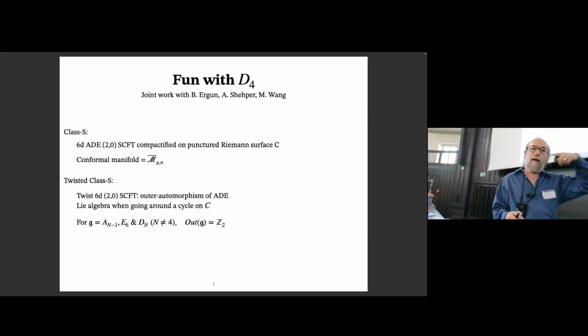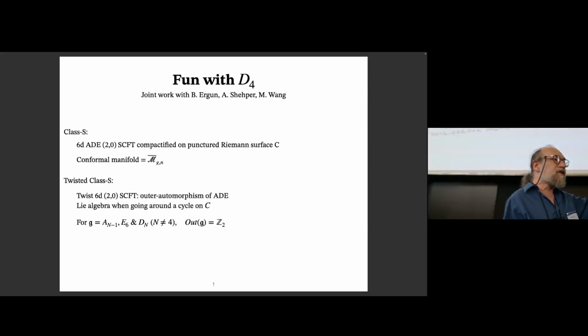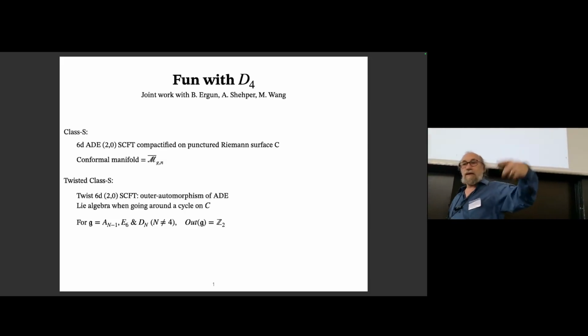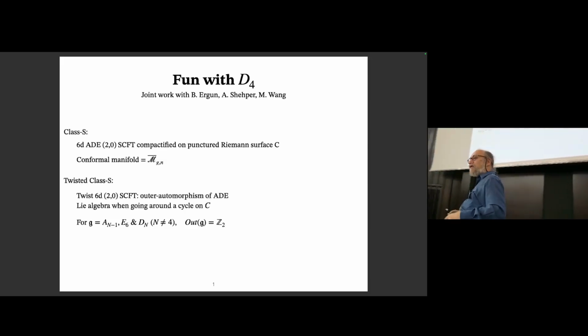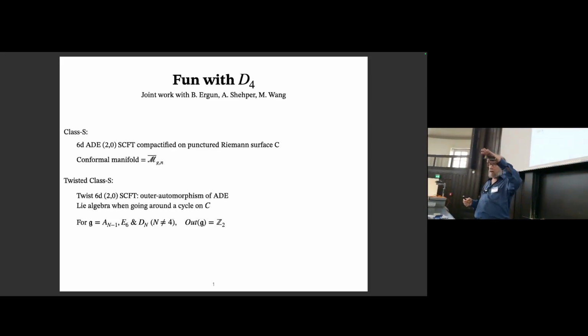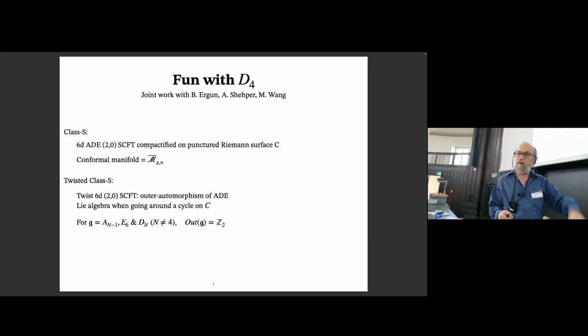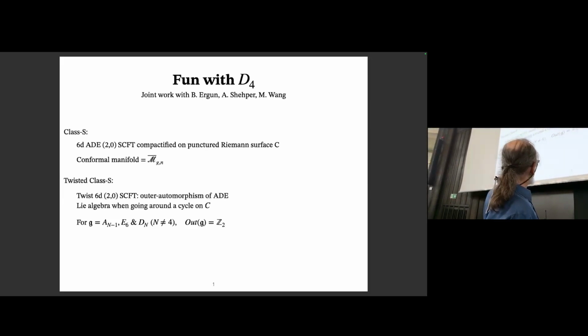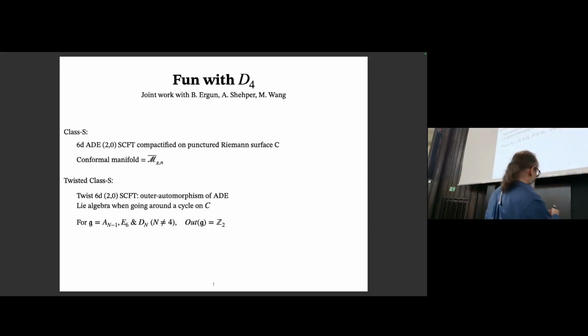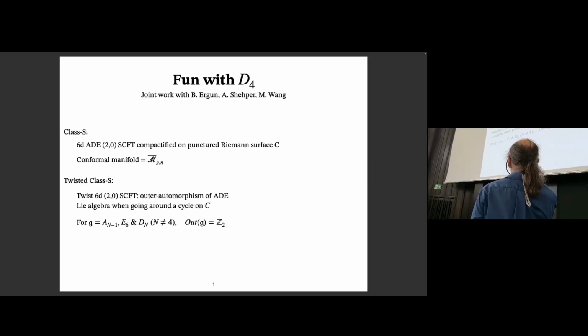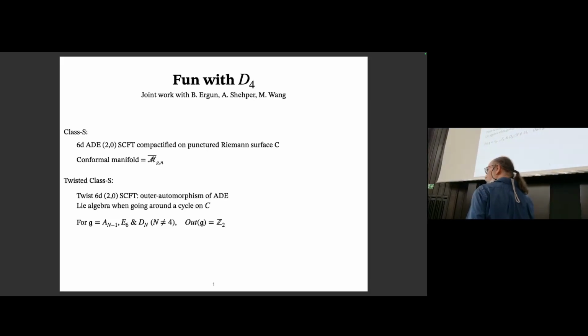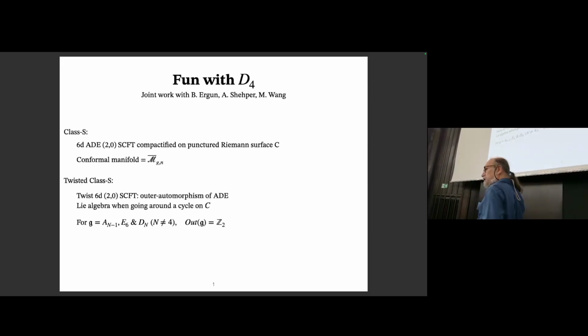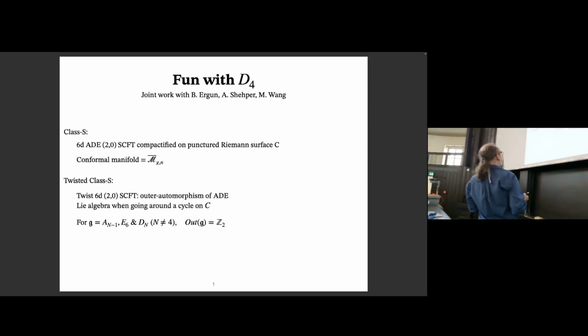And as you go around some cycle on the Riemann surface C, you can twist the 6D theory by that outer automorphism. And that gives you some new class of 4D N=2 theories, which we might call twisted class S. And for the Lie algebras A, E6, and Dn for n not equal to 4, the outer automorphism group is Z2.